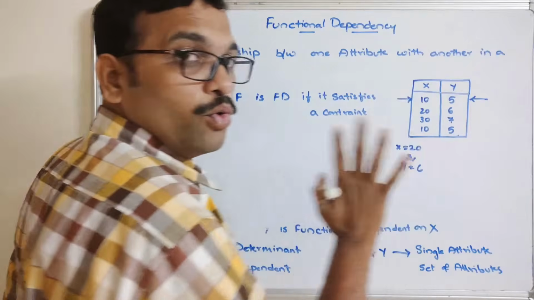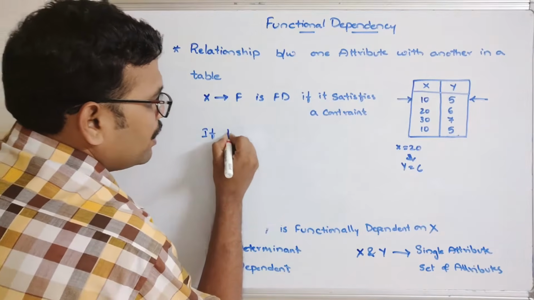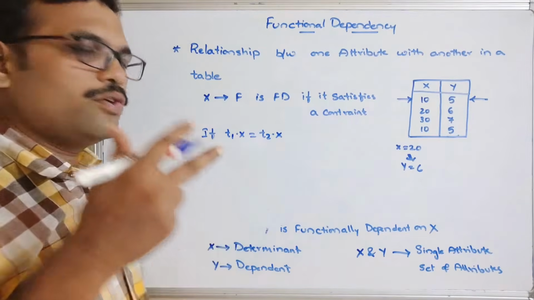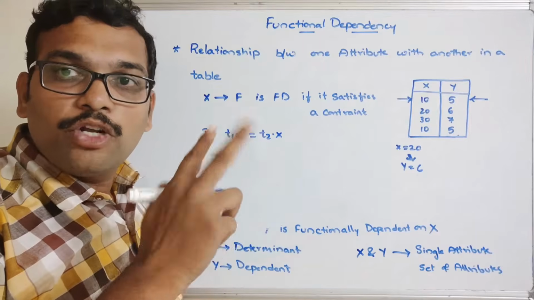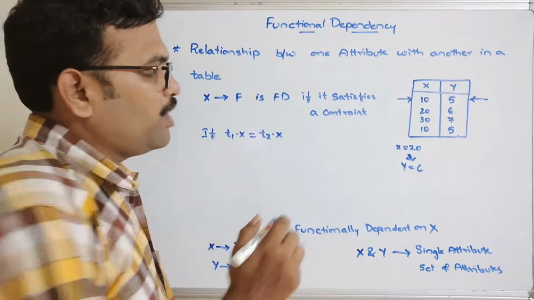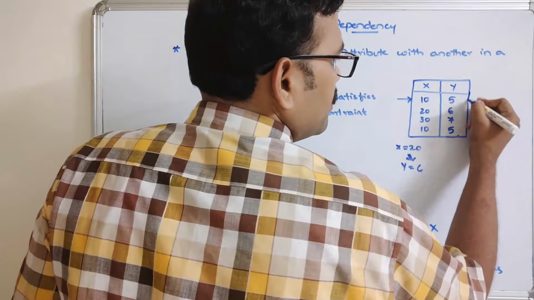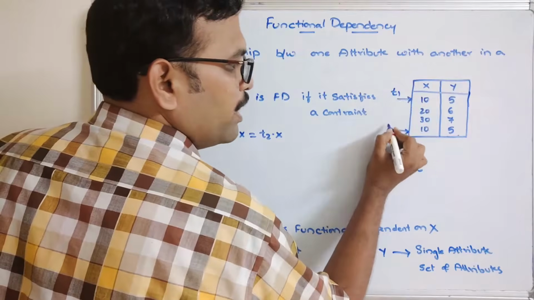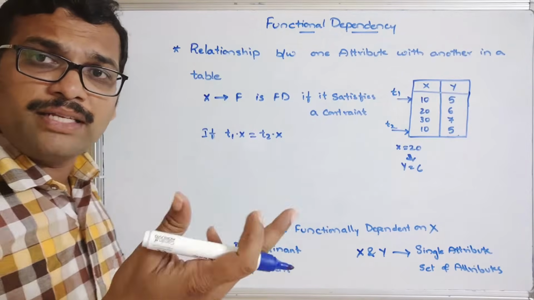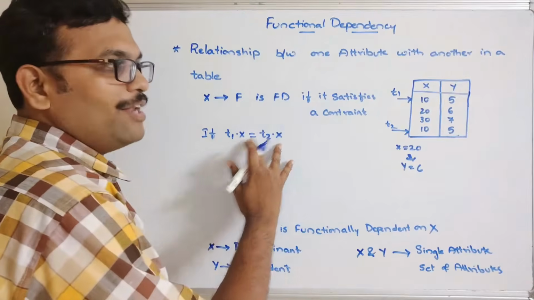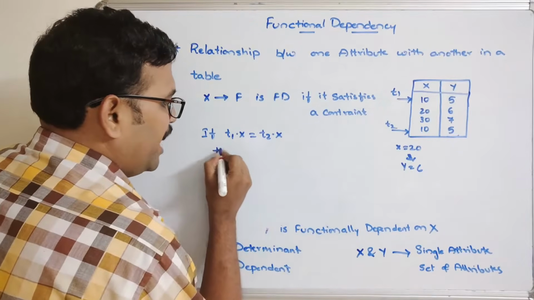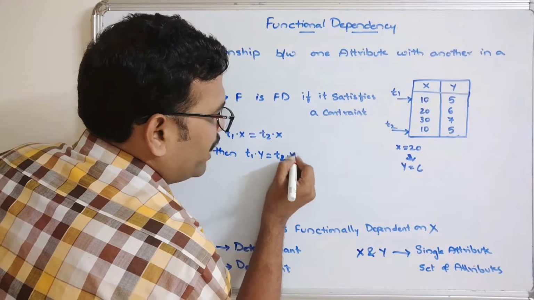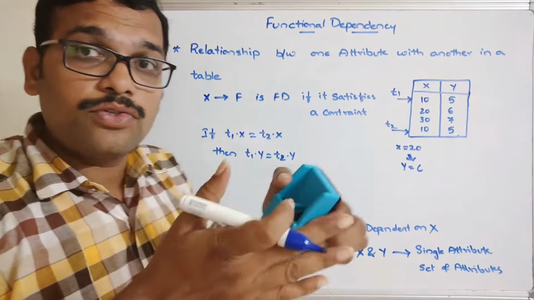If t1.x is equal to t2.x, so if the x values of both tuples are equal, for example consider these two tuples, tuple 1 and tuple 2, you can randomly select two tuples, then t1.y must be equal to t2.y. So the corresponding y values also should be equal.